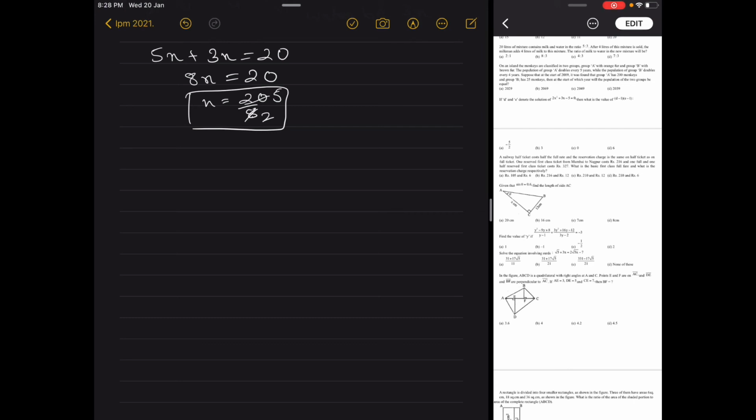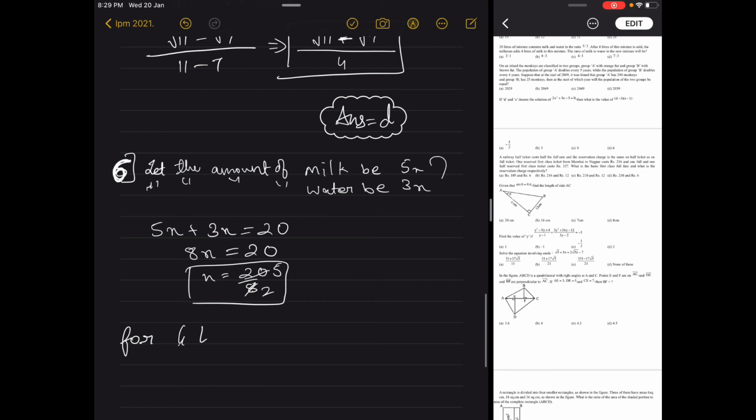So in 4 liters the ratio would be the same, again 5x and 3x. Let's take another variable for 4 liters, that's another section. This one was for 20 liters.